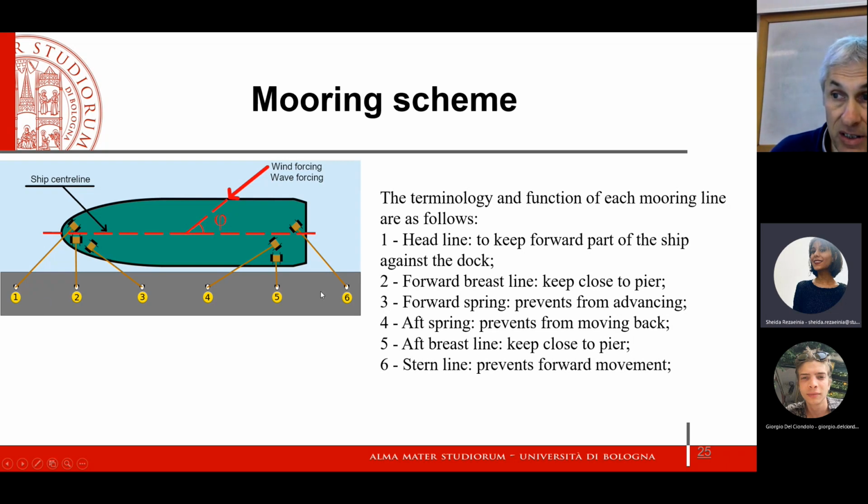You see on the berth side the bollards, which are one extreme of the spring lines, and on the boat side you also have a fixed point at the other extreme of the spring line. Usually, in correspondence of the side of the ship, the spring line has an angle.